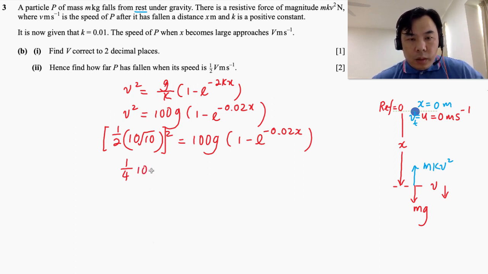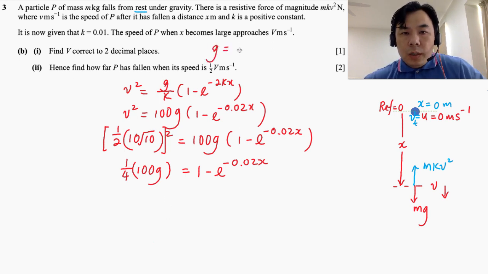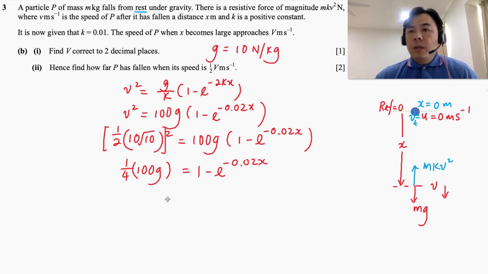This is another 100 G. So if we use G as 10 newtons per kg for simplification, that will be 250.